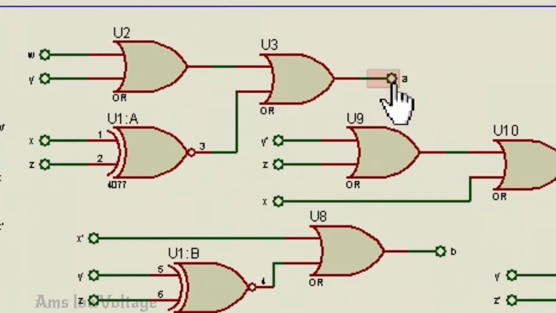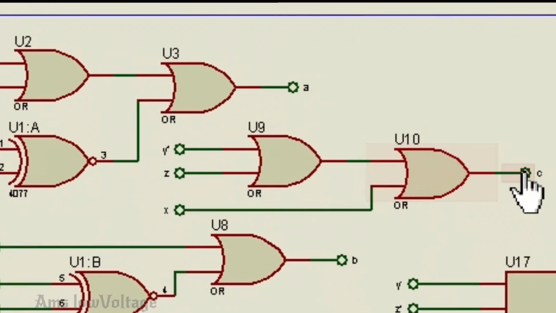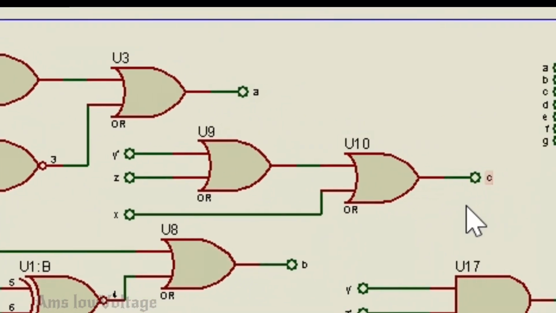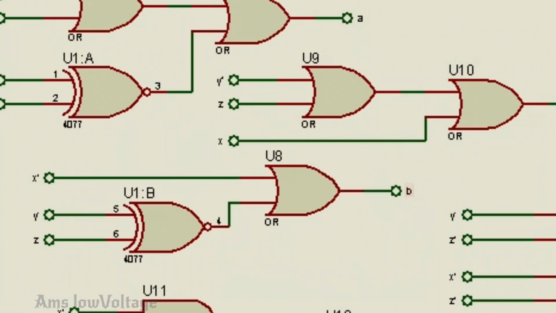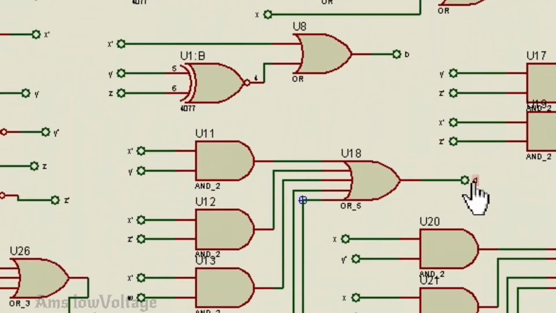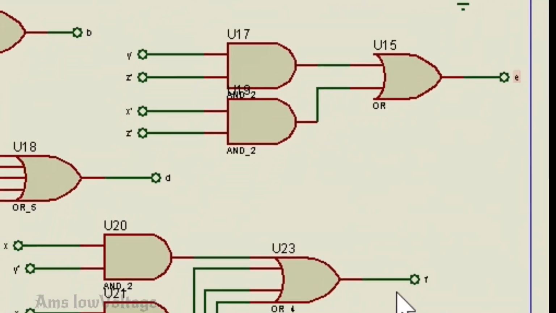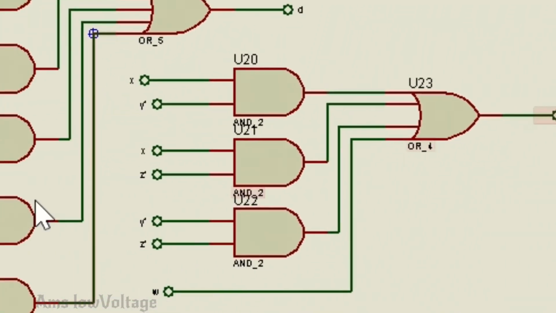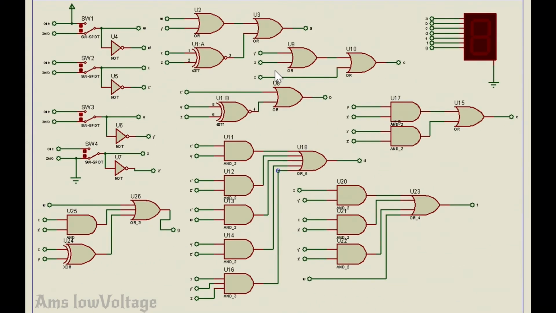This is our equation A output, equation A, and equation B. This is equation C. This one is D. This is E. This is F, and this is G. So we have 7 equations and 7 circuits we have seen previously.